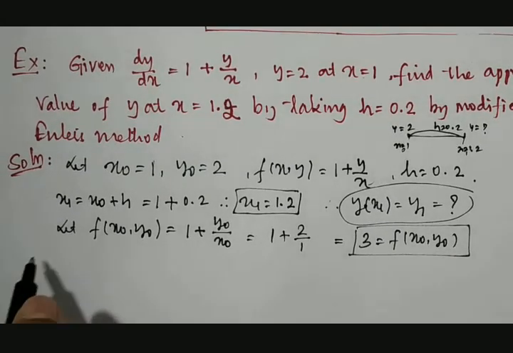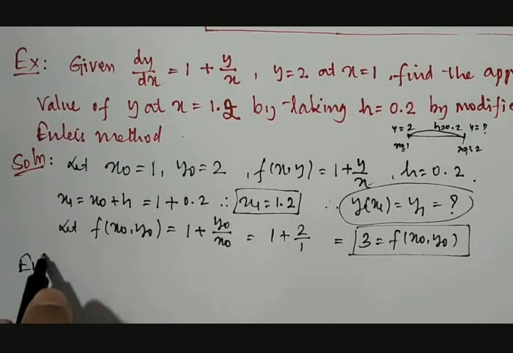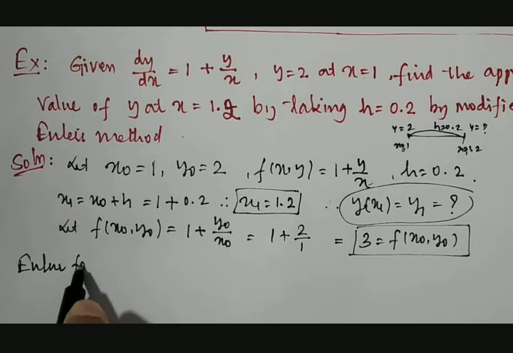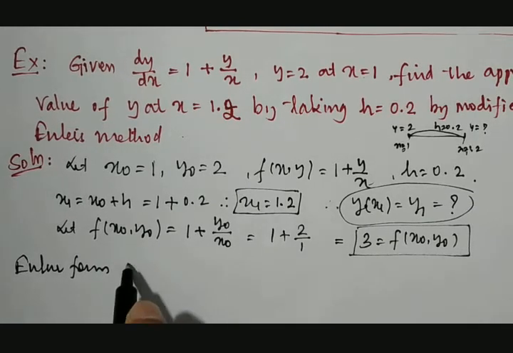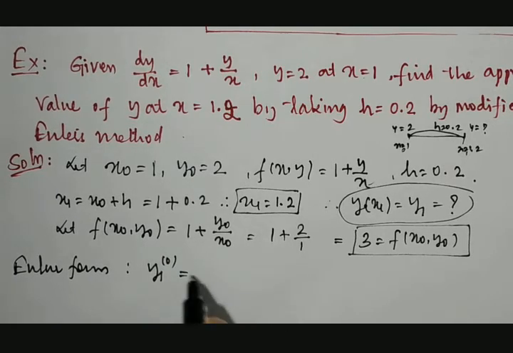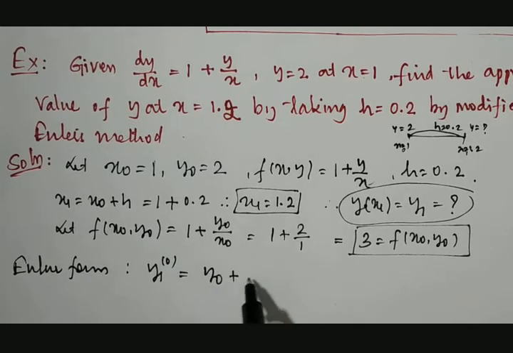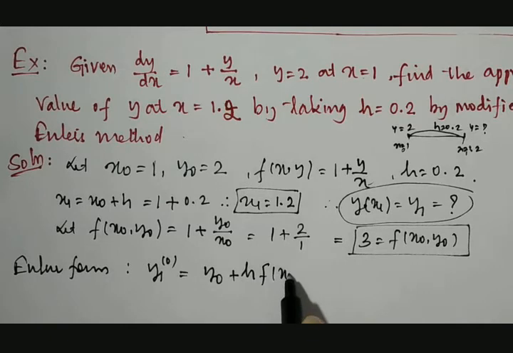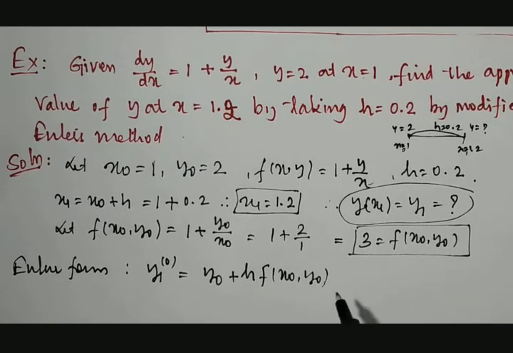Now we'll start with Euler's formula. What does Euler's formula say? The initial value for y1 is equal to y0 plus h into f of x0 comma y0.